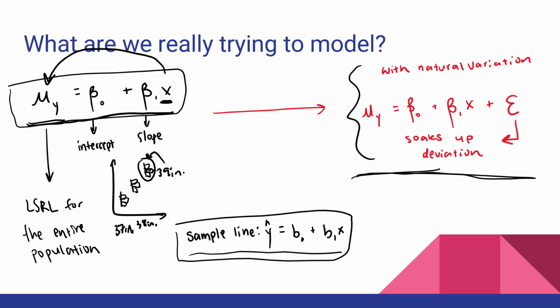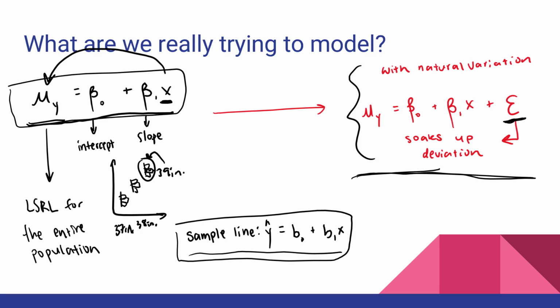All of it is the same except for our extra epsilon at the end. This is an extra term to account for error and natural variation, so it soaks up all of the deviation. It is just an extra constant value that changes to accommodate each data point that is off from the line of best fit.